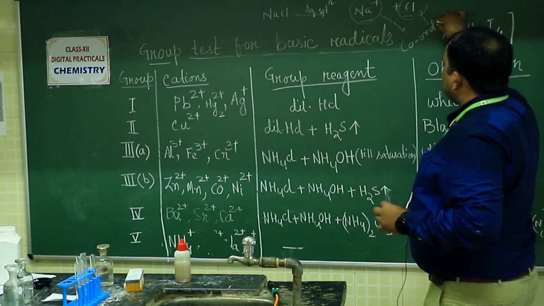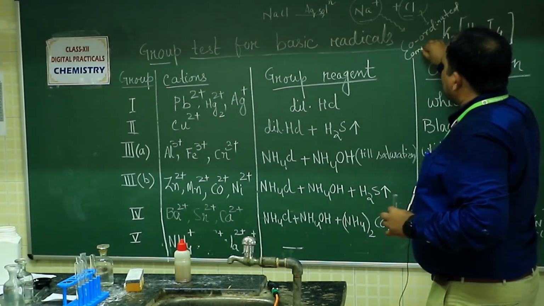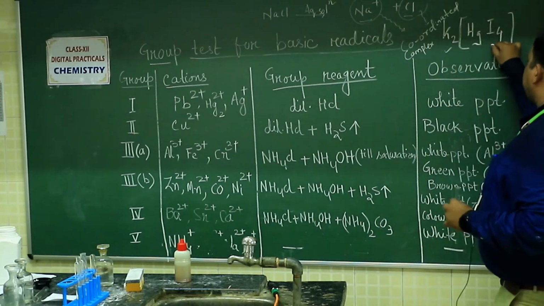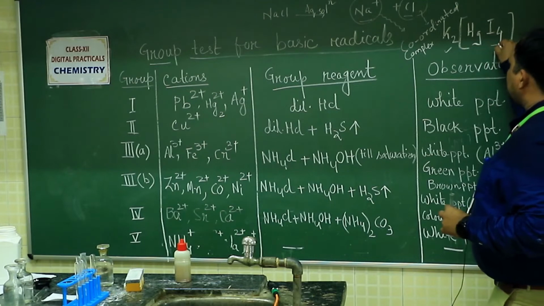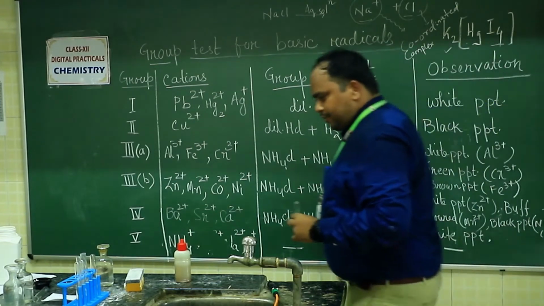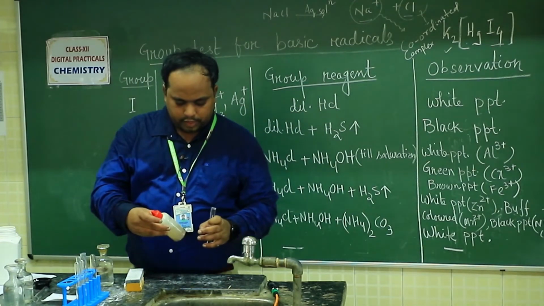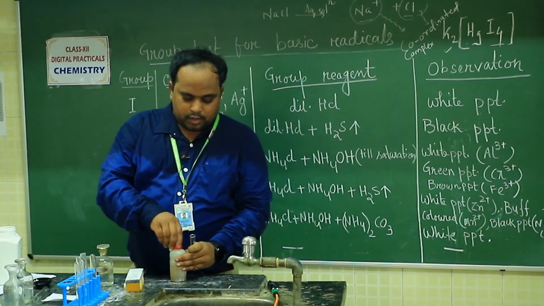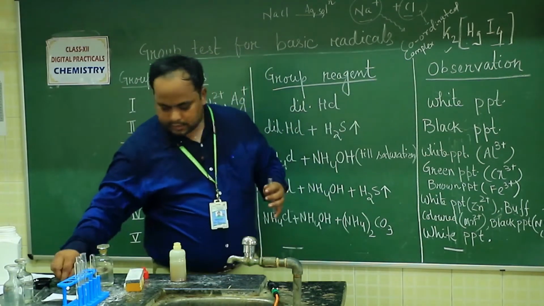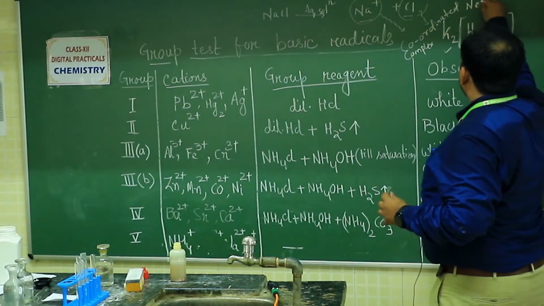You will read in your coordination compounds, it is a complex compound whose name is potassium tetraiodidomercurate(II). You will know the name later. Whenever you read coordination chemistry, you can know this. So you just know the reagent. Nessler reagent is this, K2HgI4.